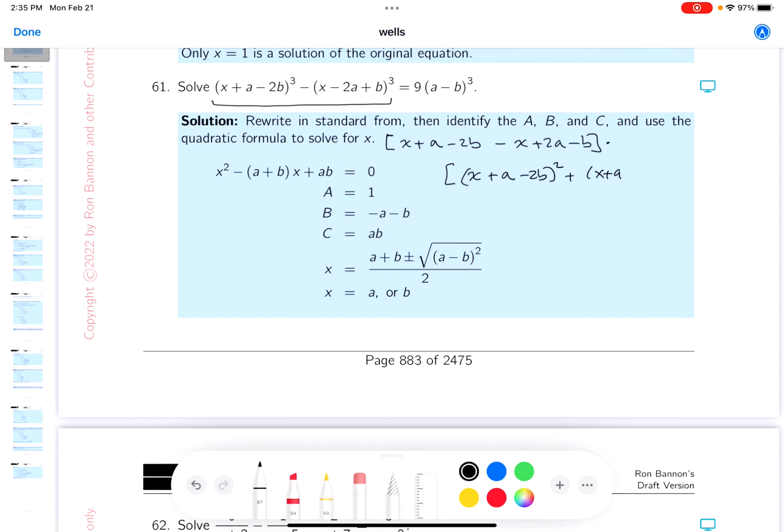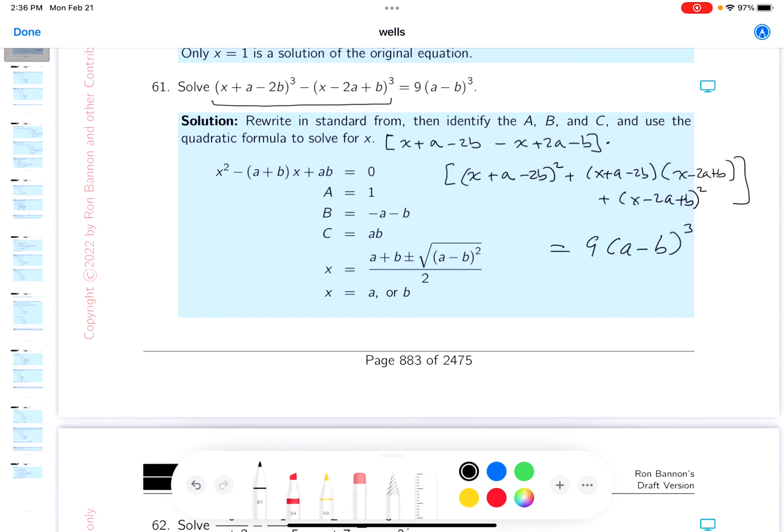So x plus a minus 2b times x minus 2a plus b. And yeah, I know it's problematic. And then what do you get? Plus x minus 2a plus b quantity squared. I close it out, and this would equal 9 times a minus b cubed. I'm not going to really bother too much with that.